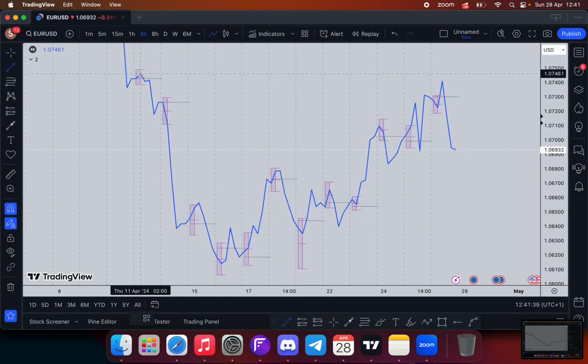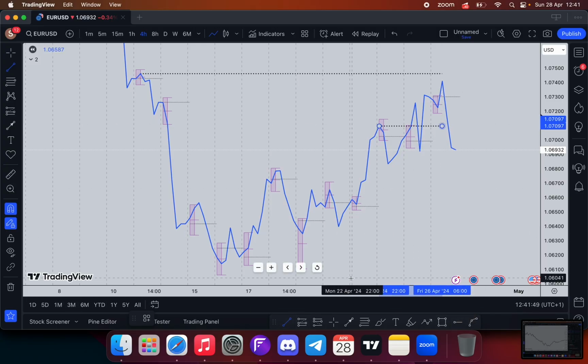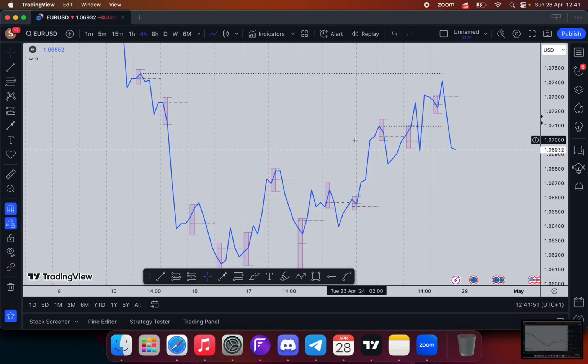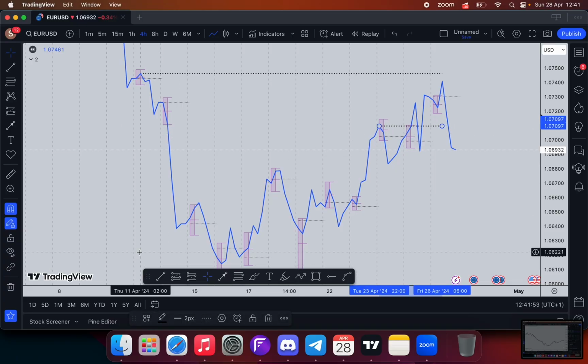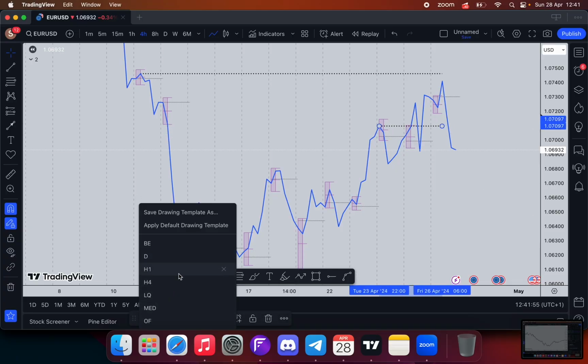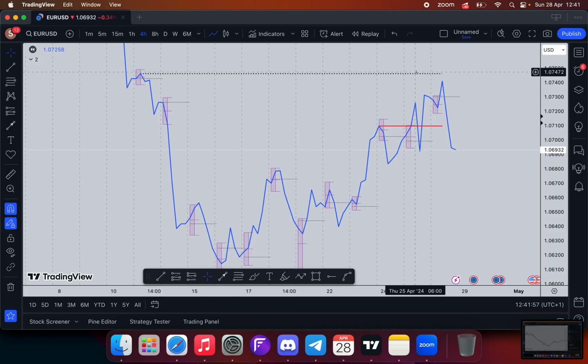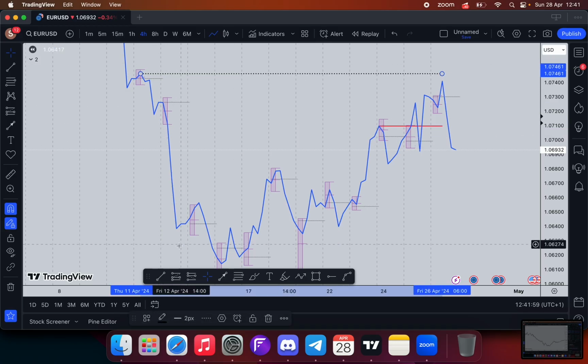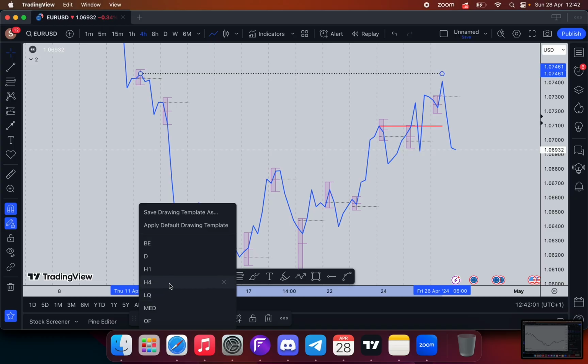One that is very prevalent here is this level, and then we've got a flip level. Let me actually colour these for the right colour. If you ever see a red line on my chart, just know it's an H4.